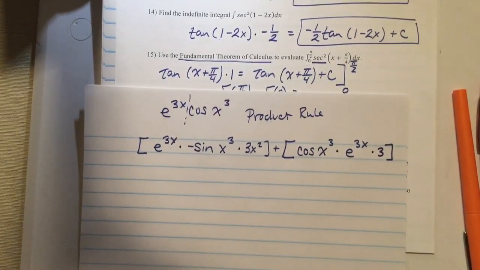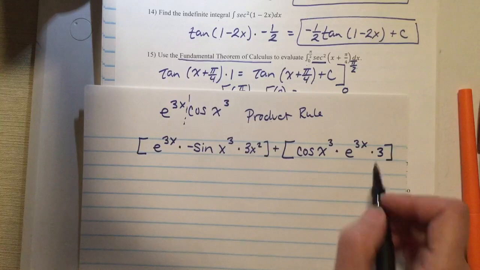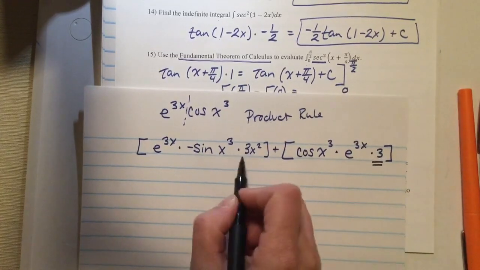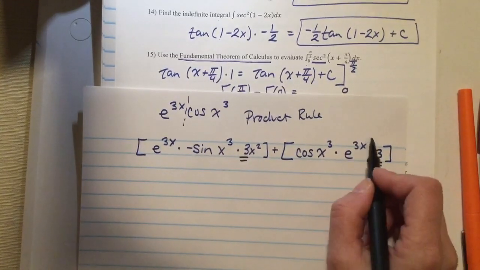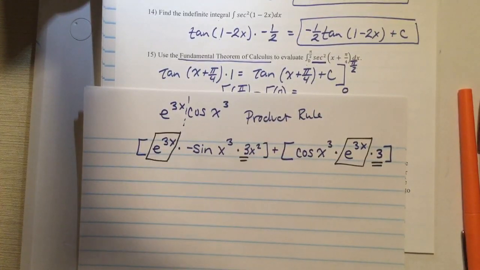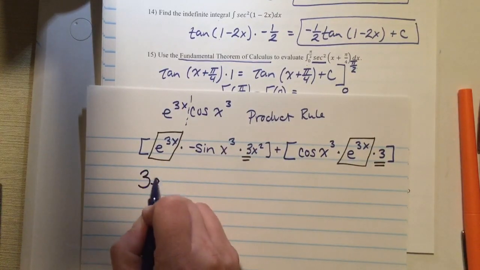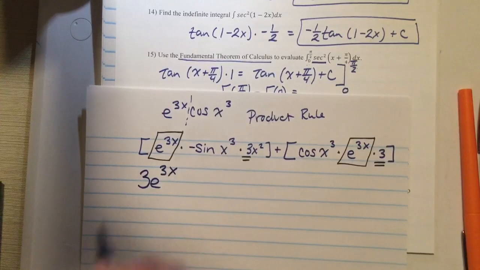So now what I have to do is go ahead and see what we have in common between the two pieces. Okay, so this is a 3, here's a 3. This has e to the 3x, this has e to the 3x. So I am able to take both of those things out. I can take out a 3 and I can take out e to the 3x.